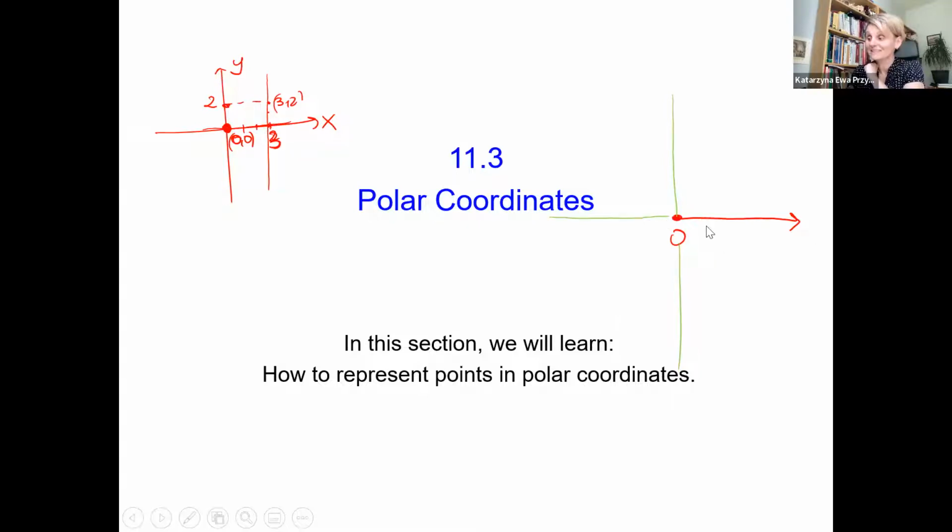We will consider that positive part of the x-axis as a polar axis, and this will represent 0 degree. That's 0, the same as for the unit circle. And then we would like to indicate every single angle, from 0 to 360, the full revolution.